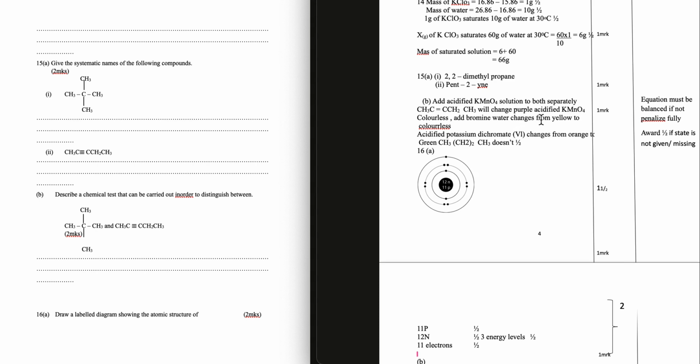It will change purple acidified to colorless, and bromine water changes from yellow to colorless. Acidified potassium dichromate changes from orange to green.